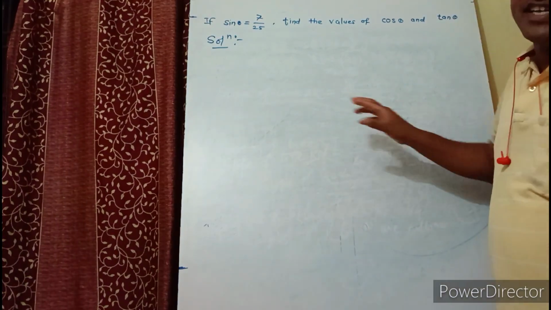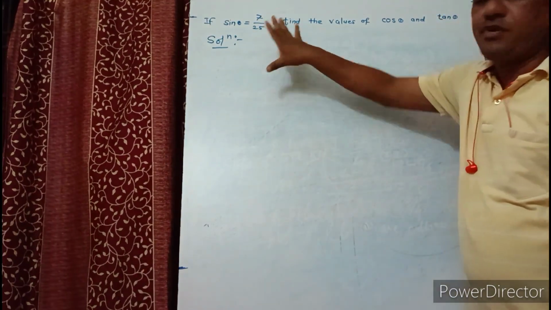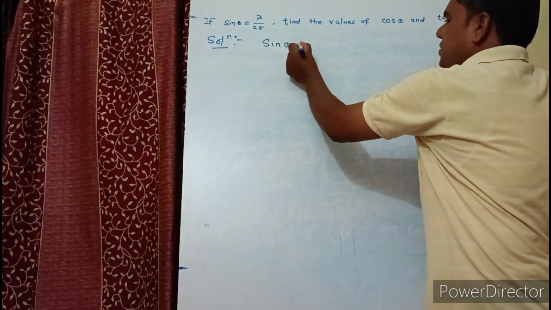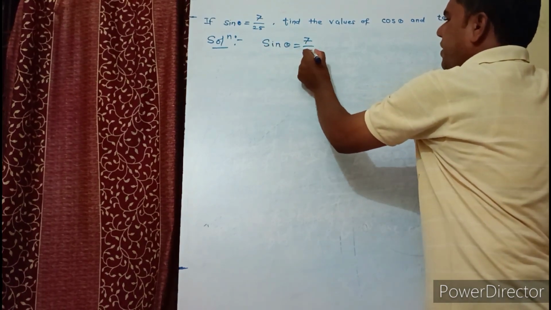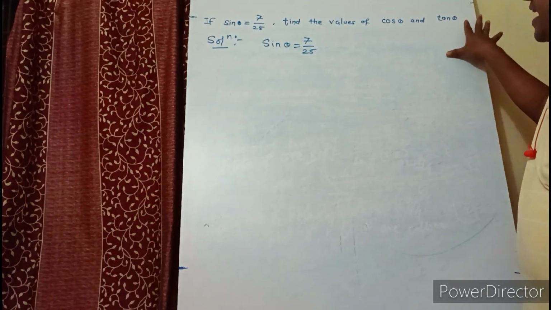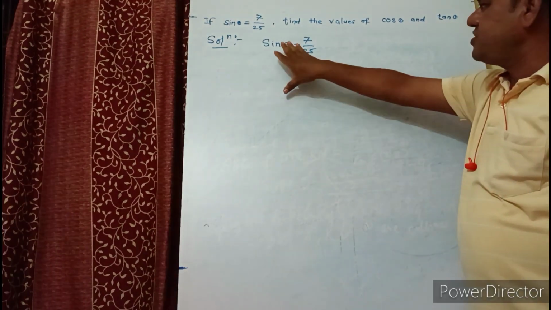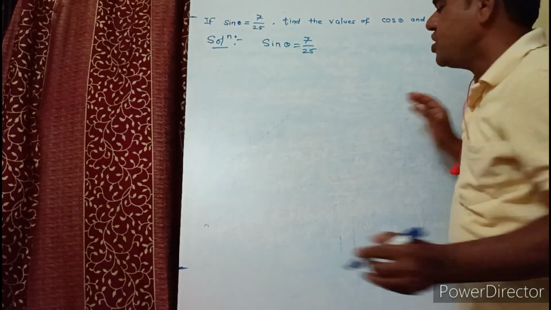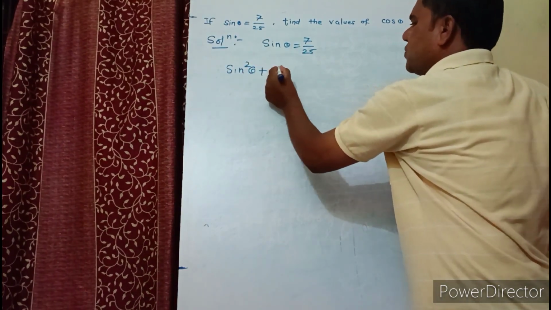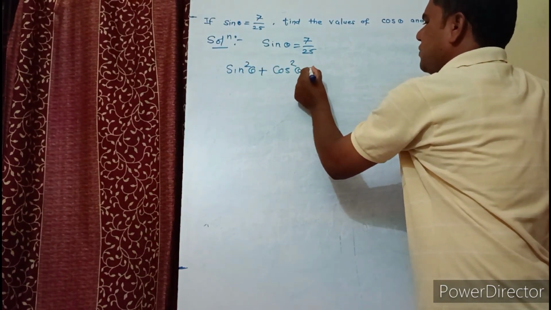The given value is sin theta equals 7 by 25. Therefore, write down sin theta equals 7 by 25 as it is. Now we have to find the value of cos theta and then tan theta. We know the relation between sin theta and cos theta, that is sin square of theta plus cos square of theta is equal to 1.